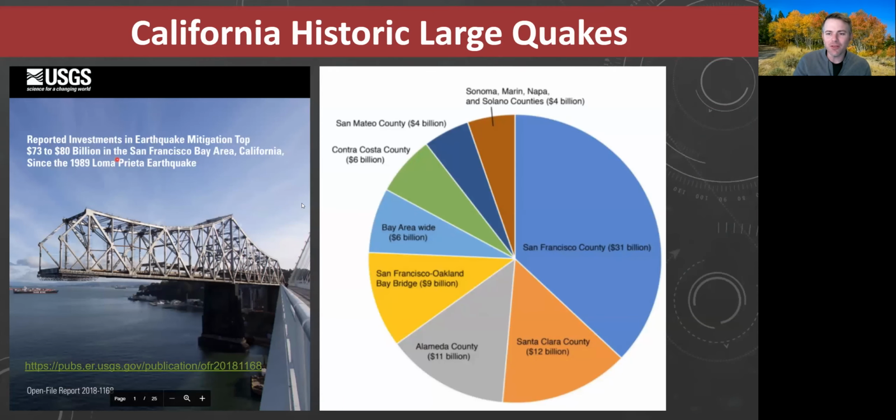The reason that was such a big deal is because that earthquake has now spurred at least $80 billion of investment by these different counties in the Bay Area to retrofit and upgrade all of the buildings in those counties so that they won't collapse, and to upgrade bridges.